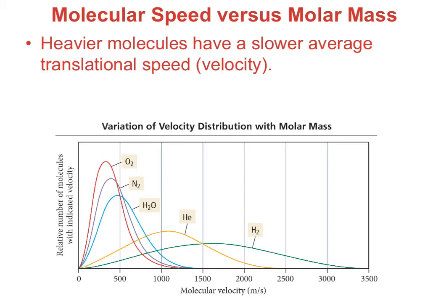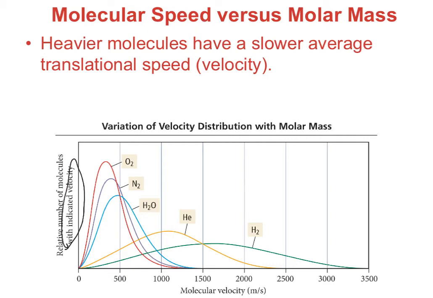It's important to be able to understand the relative velocities of gases, be able to construct and interpret this type of graph. So the y-axis is the proportion of gases that have this velocity.